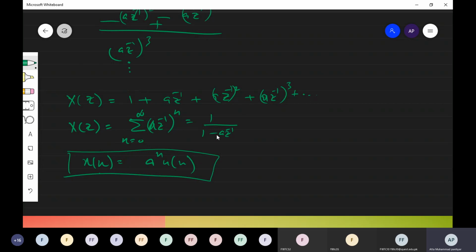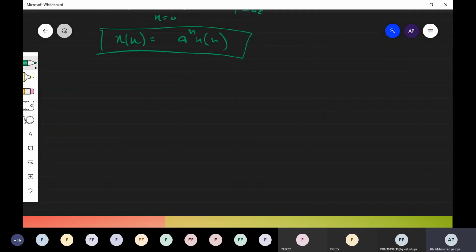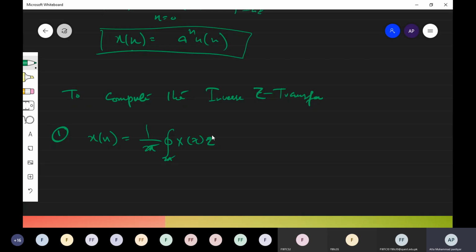Okay, so to summarize, there are three methods to compute the inverse z transform. The first one is using the formula. The formula to compute x of n when x of z is available requires solving the integral of x of z times z power n minus 1 dz.